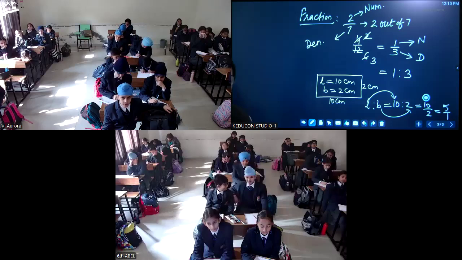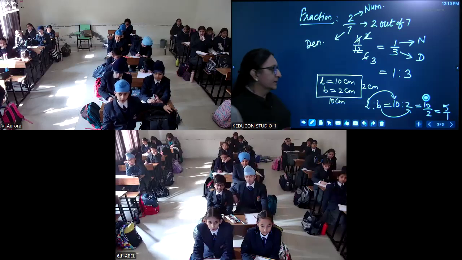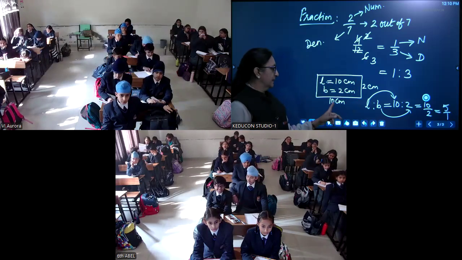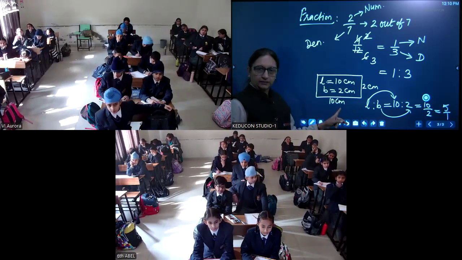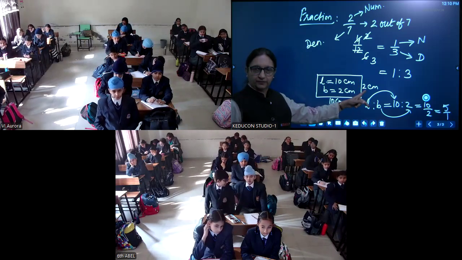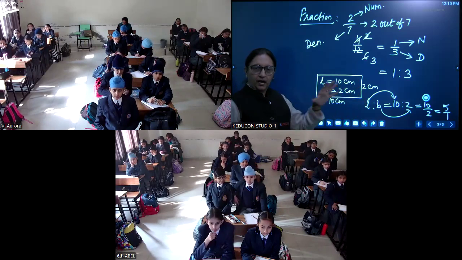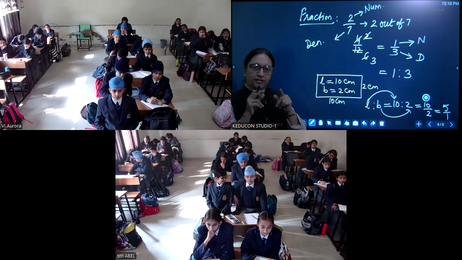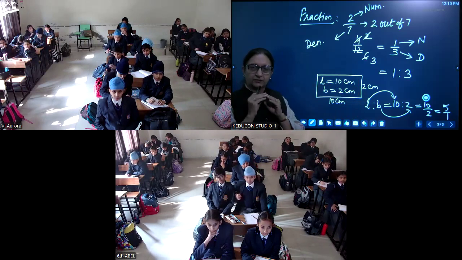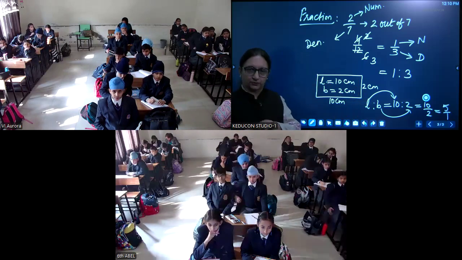I'm repeating this example once more. Understand very well that when we draw a rectangle, we know one side is 10 centimeter, length is longer, length is 10 centimeter and breadth is 2 centimeter. Okay, I want to tell you the relation between length and breadth. This relation we will find from ratio.